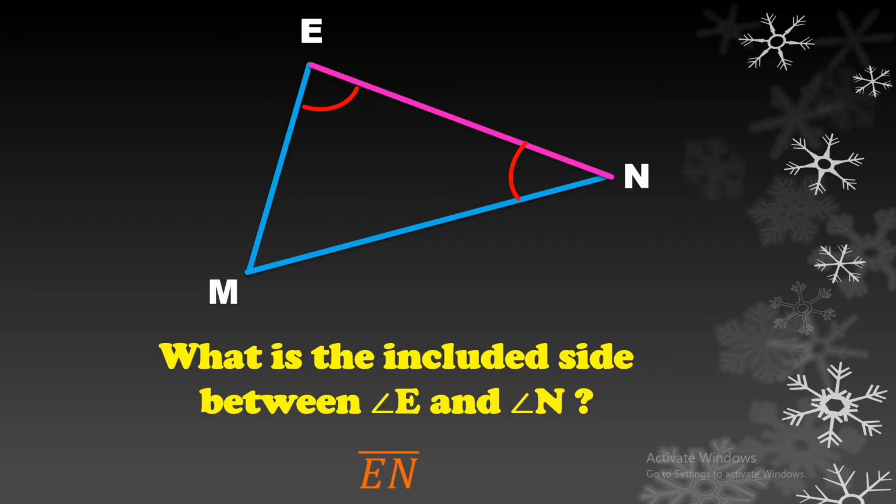Now, have you noticed how to find the included side even without the figure? All right, you simply have to get the vertices of those two given angles. Since the two angles are named using the vertex, we just have to combine those two vertices. So we have segment EN.